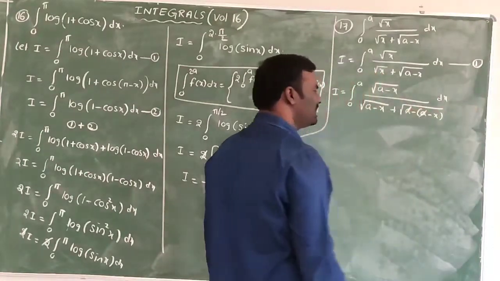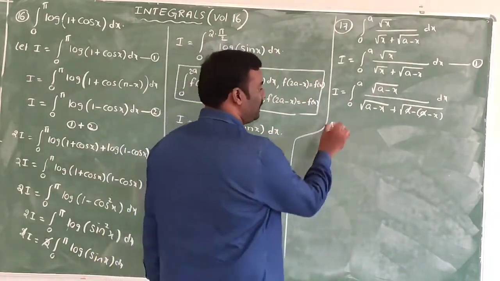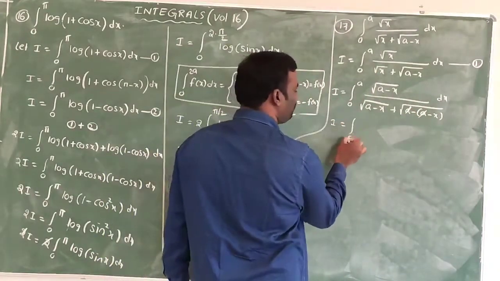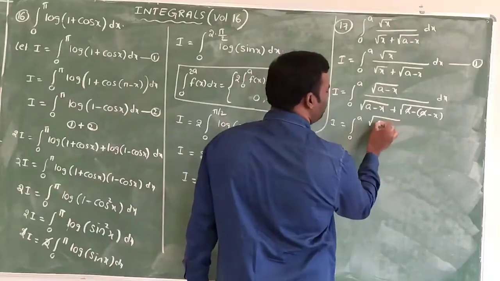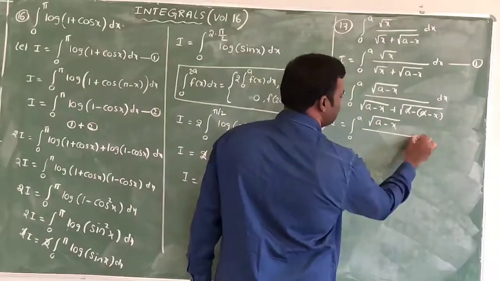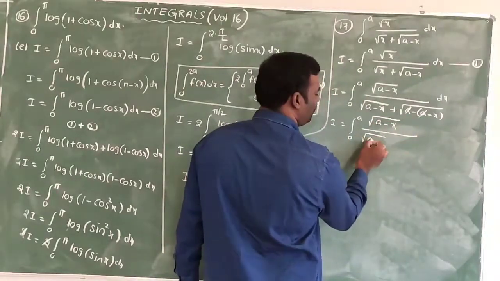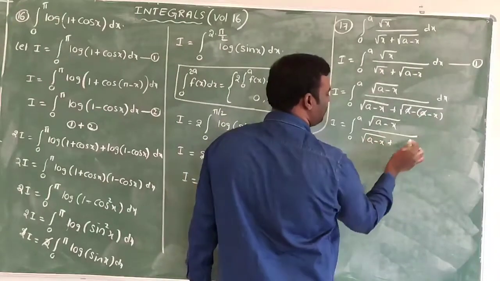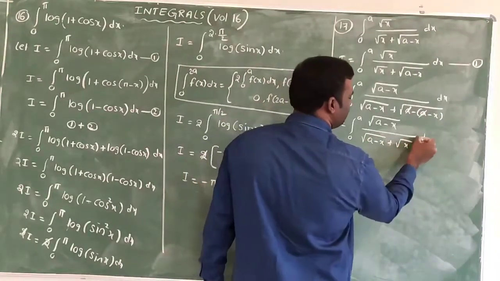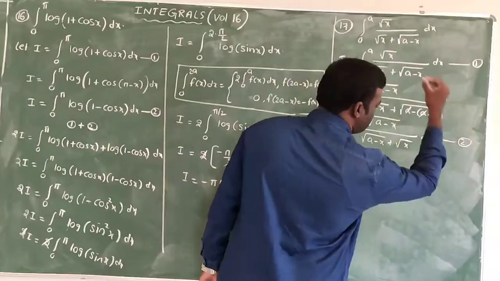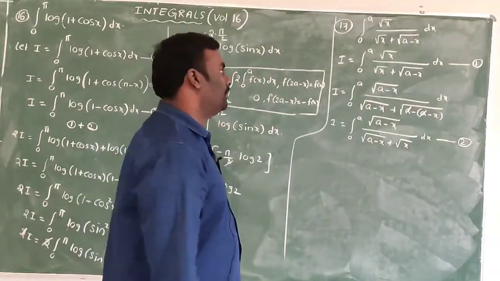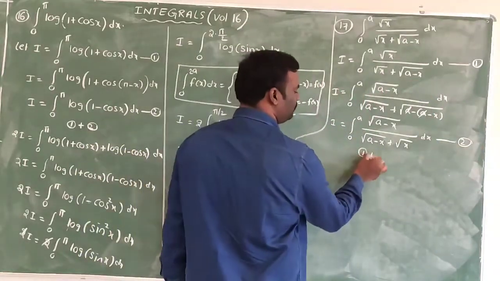Now here a and a get cancelled. Then I equals the integral from 0 to a of root of a minus x by (root of a minus x plus root of x) dx. This is equation 2.